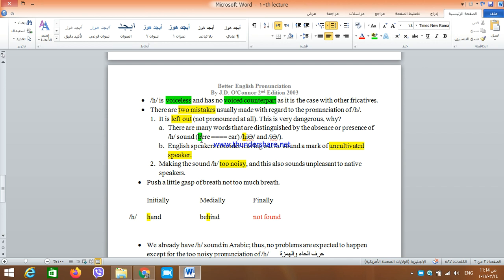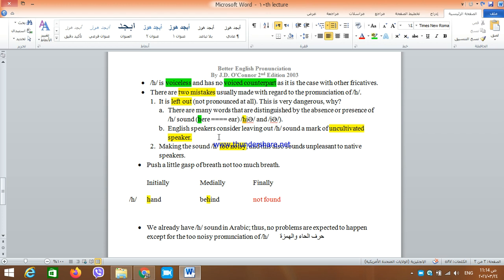Okay? The other reason is that English speakers consider leaving out the "ha" sound a mark of an uncultivated speaker. So if you don't pronounce the "ha" sound, the listener will understand that you are not a cultivated speaker. You are not an educated one, maybe. Okay? So this is another reason why we should keep the "ha".